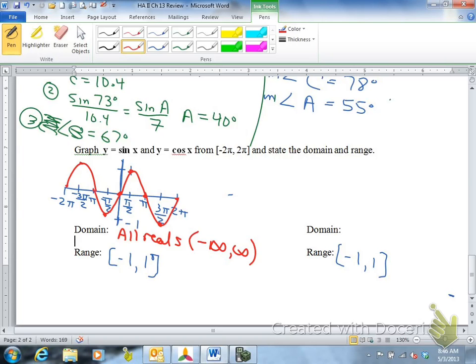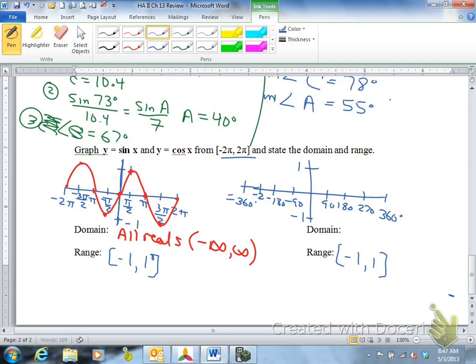And then cosine. How do I do that? It says to do negative 2 pi to 2 pi, but just to remind you of what the angles are. It still goes to 1, negative 1. The angles would be 360, negative 360, 180, 270, 90, negative 90, negative 180, negative 270.